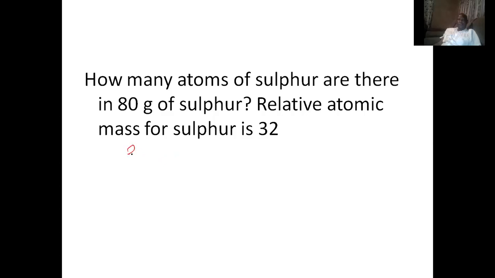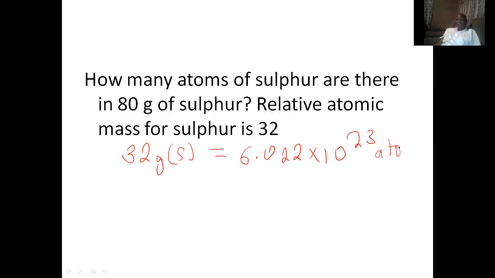So we can say 32 grams of sulfur would be equal to 6.022 times 10 to the power 23 atoms of sulfur. So if here we have 80 grams, how many atoms is it going to give us?